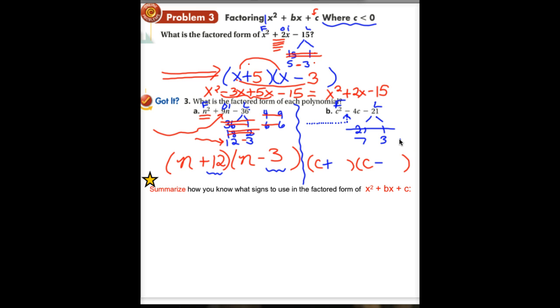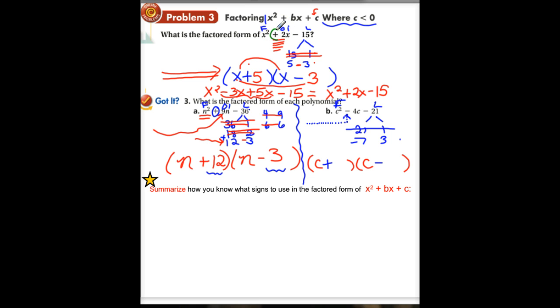By the way, a little trick is that the sign of the middle number always goes with the larger factor. Let me repeat that. The sign of the middle number always goes with the larger of the 2 factors. Look up here, I'll show you in green.